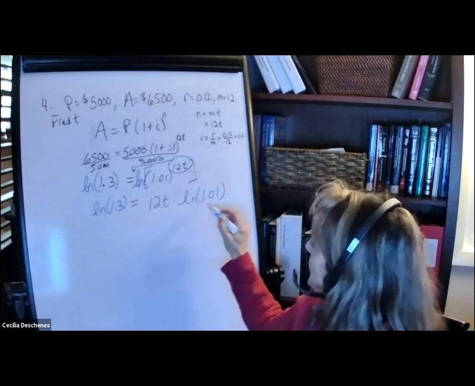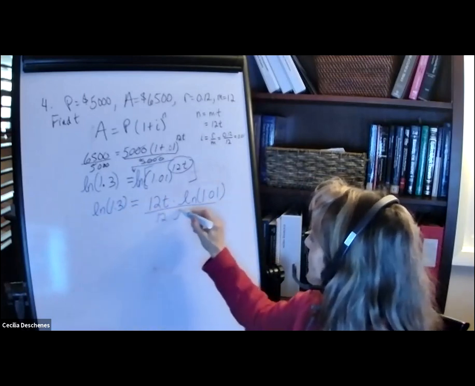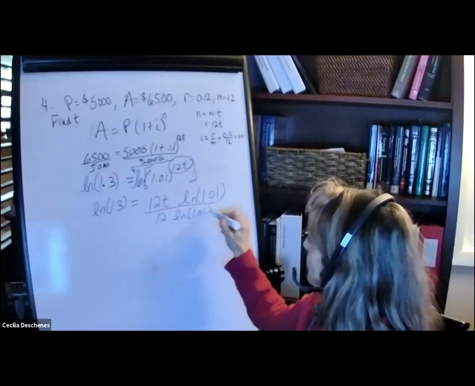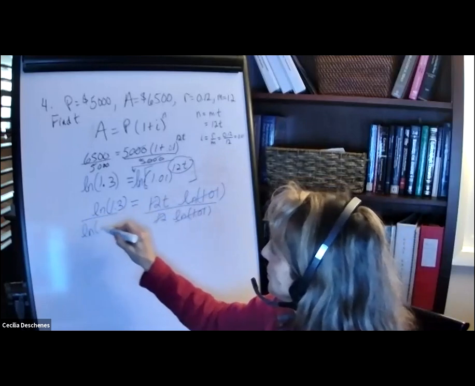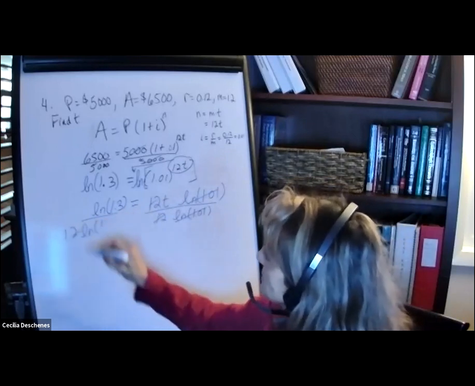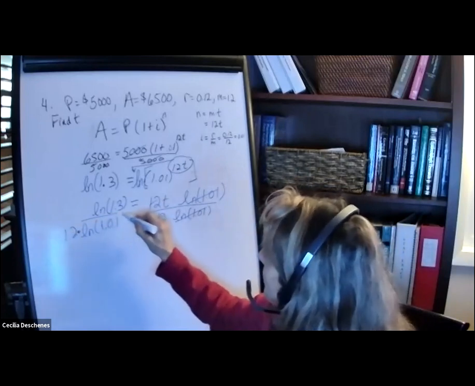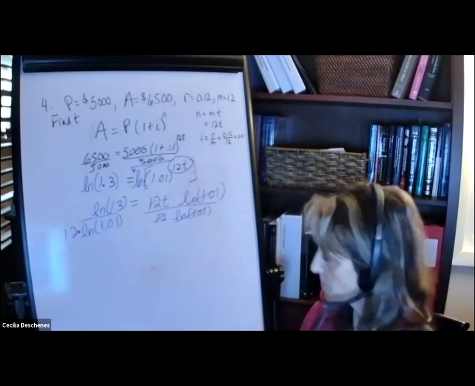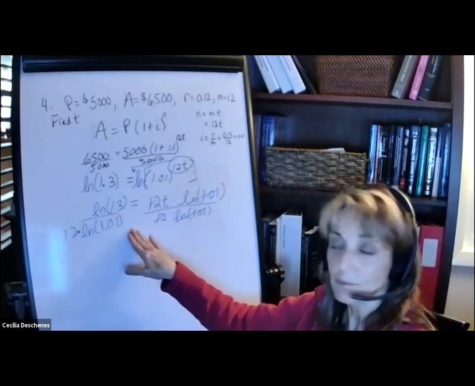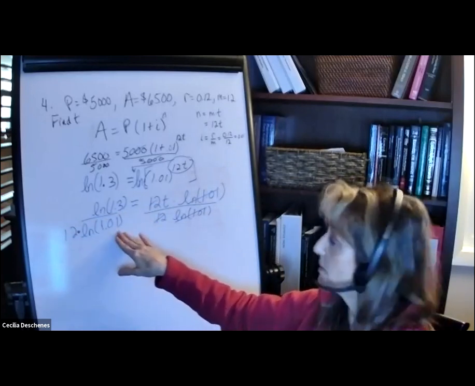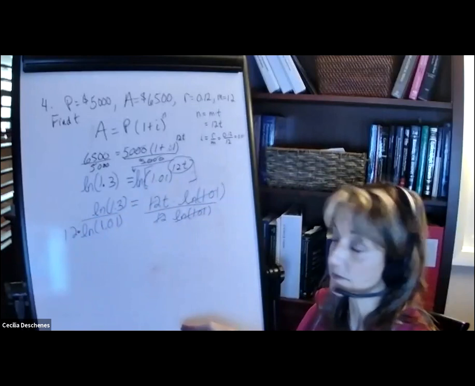We divide out 12 ln of 1.01 from both sides, and we have to put it on this side too: 12 times ln of 1.01. Now, this is not ln of 1.3 minus some kind of ln of 1.01 raised to the 12th or anything like that. That would be applying the log rules incorrectly.